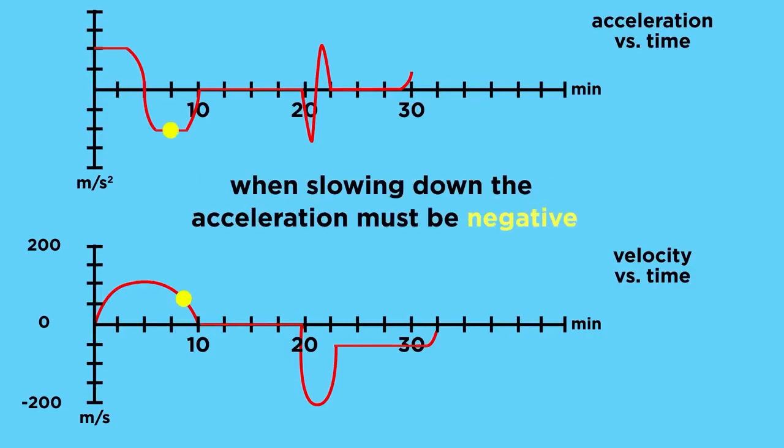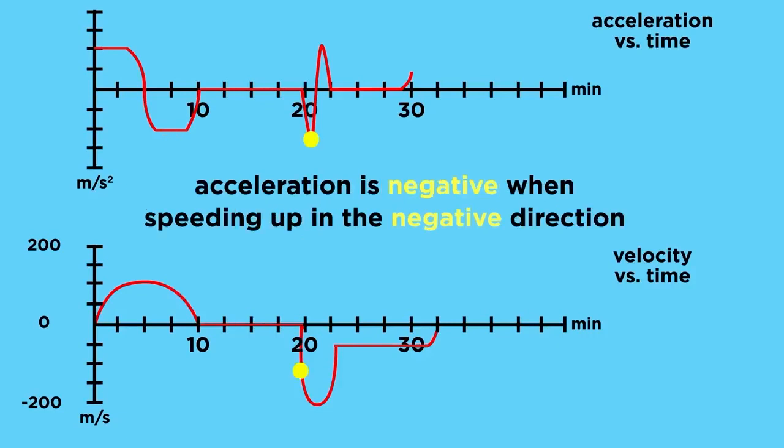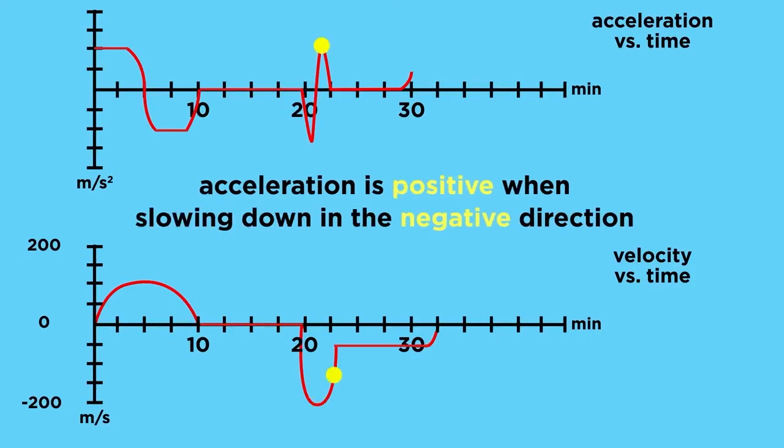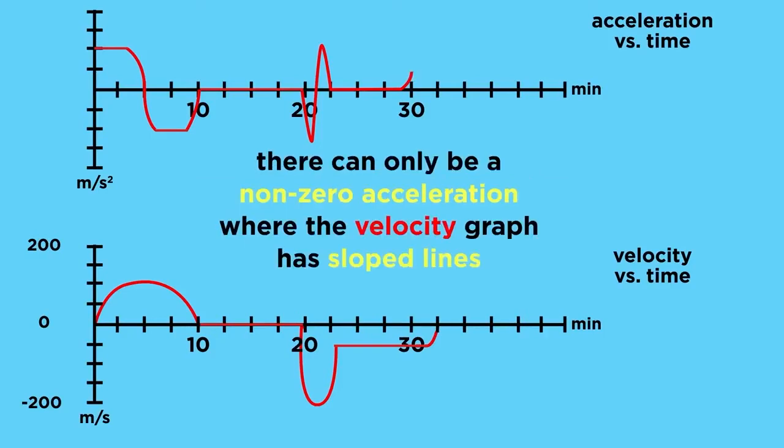Then acceleration will be negative as we slow to a stop. It will be negative again as we begin to walk back, and then back to 0, but then slightly positive when we slow down our movement in the negative direction. Back to 0, and positive again when we stop, as we require positive acceleration to stop moving in the negative direction. We will only have a non-zero value for acceleration when velocity is changing.